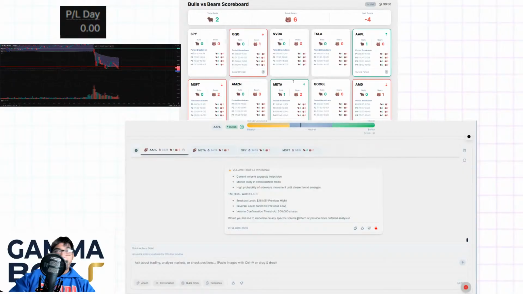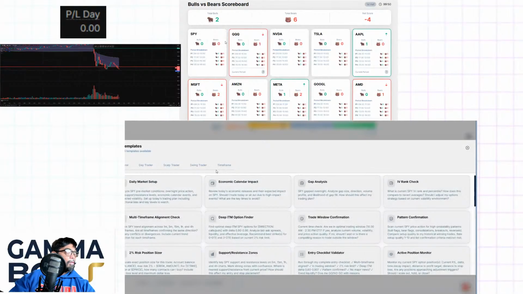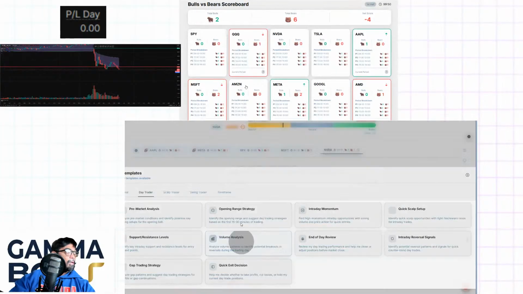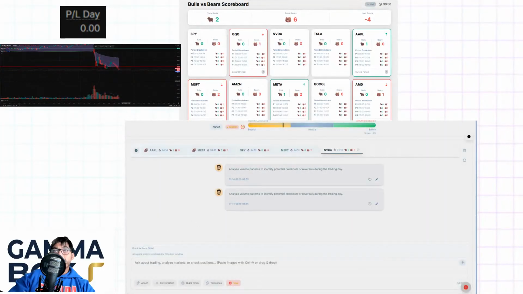Let's look at NVIDIA and see if we can find any entries. So let's do volume analysis. Actually, NVIDIA looks very, very enticing because the volume profile right now is matching what I was able to get yesterday, almost the same thing.